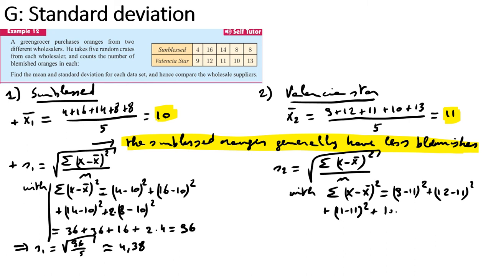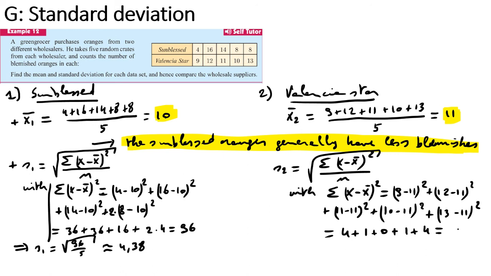Then plus the fourth value, which is a 10 minus the mean squared, plus the last value, 13 minus the mean squared. So 9 minus 11 is a minus 2 to the power of 2 is 4. 12 minus 11 is 1 to the power of 2 is 1. 11 minus 11 is 0 to the power of 2 is 0. 10 minus 11 is minus 1 to the power of 2 is 1. 13 minus 11 is 2 to the power of 2 is 4.